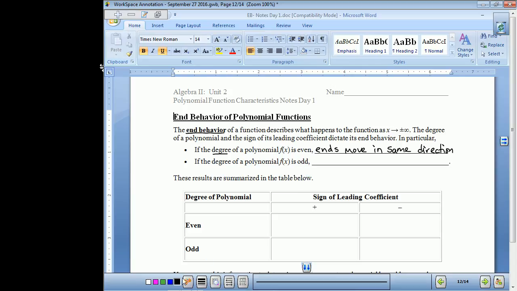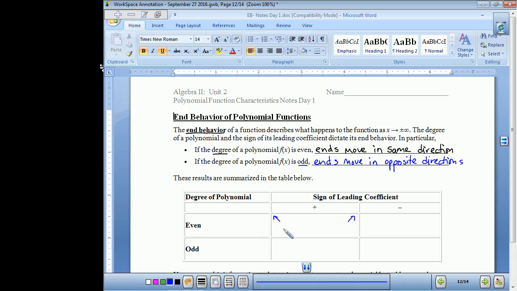Versus if the degree of the function is odd, then the ends are moving in opposite directions. Ends move in same direction and then opposite direction for the bottom. Okay, fair enough.